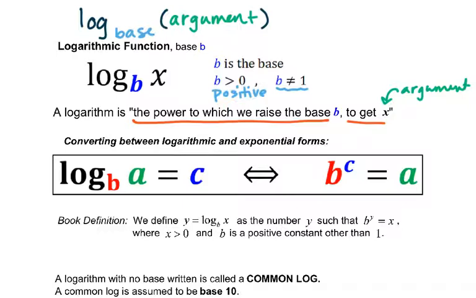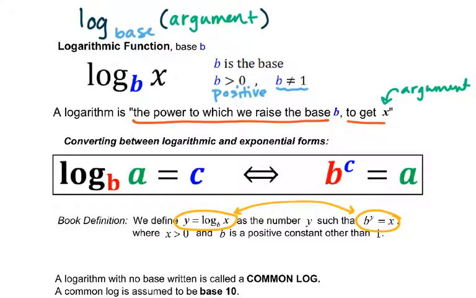So here we can define this as log base b of x. It is y such that b to the y equals x, as long as that argument is positive and b, the base, is a positive constant not equal to 1. And so this is just the same conversion formula.